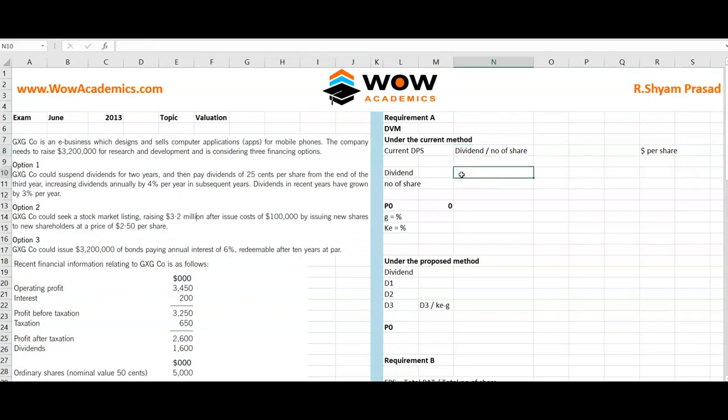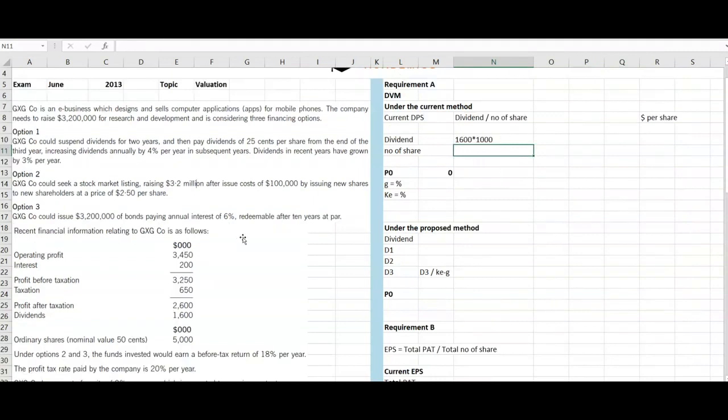The dividend will be 1600 in terms of thousands. So it is 1600 multiplied by 1000, since it is referred to in thousands. The number of shares is 5000, expressed in thousands, and each share is worth 0.5.